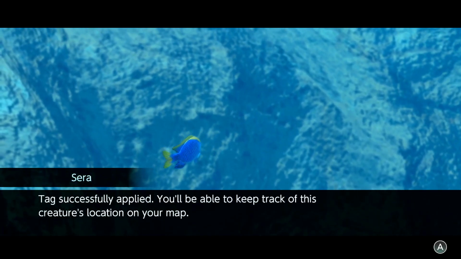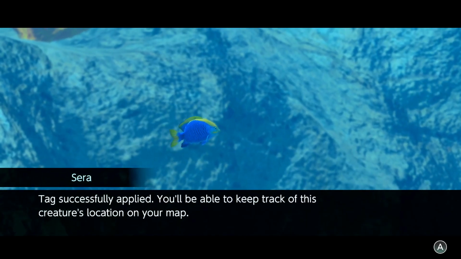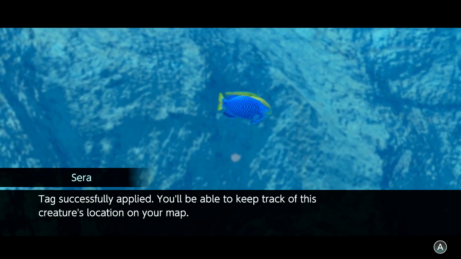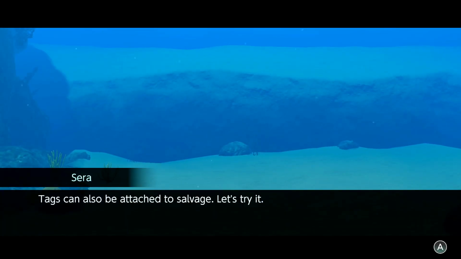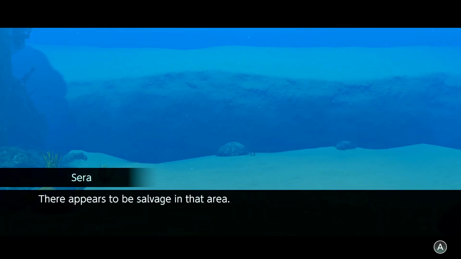Tag successfully applied. You'll be able to keep track of this creature's location on your map. Tags can also be attached to salvage. Let's try it. There appears to be salvage in that area.